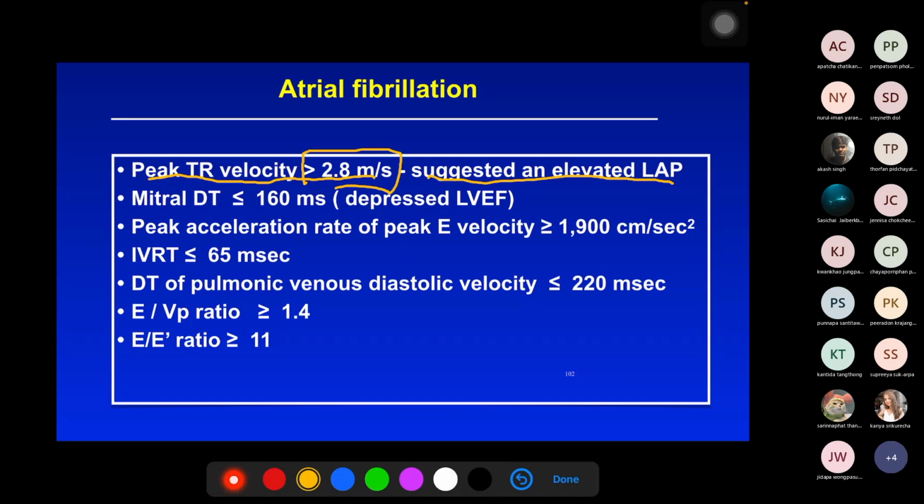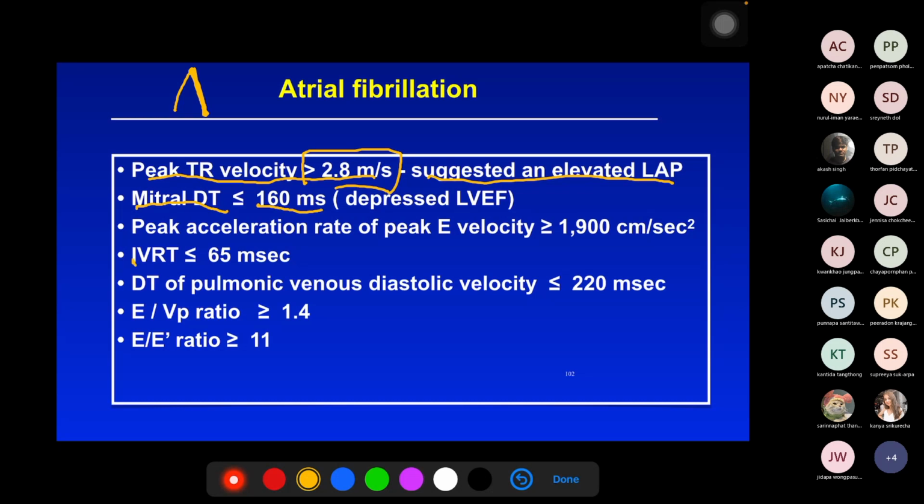The second one, we measure the mitral E DT, the deceleration time. If it is less than 160 milliseconds, you should suspect the patient might have elevated LV filling pressure.